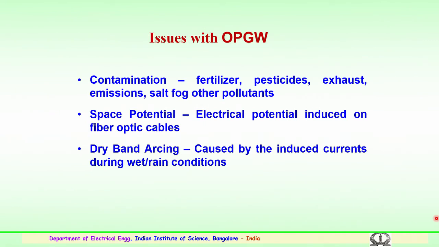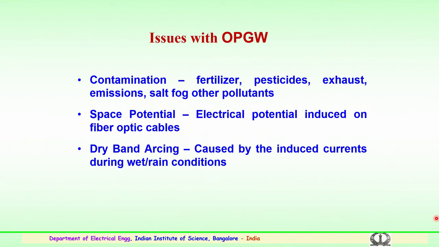So, a few issues related with the optical ground wire, as mentioned earlier: apart from the environmental conditions, the mechanical stresses and the electrical stresses, it has to be able to withstand further contamination or pollution which occurs because of activity in the field, the fertilizer spray or the pesticide spray, and also due to exhaust emissions.